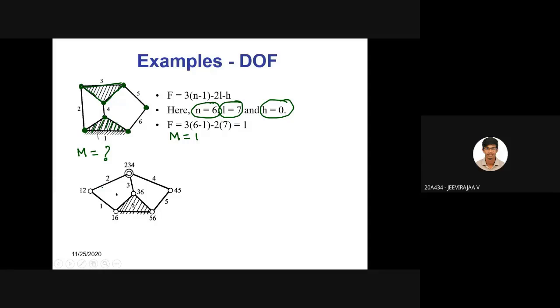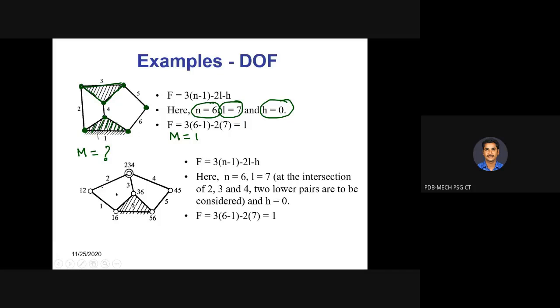Any response? So here the mobility is... Yes, correct. Lower pair is 7. Number of links 6.